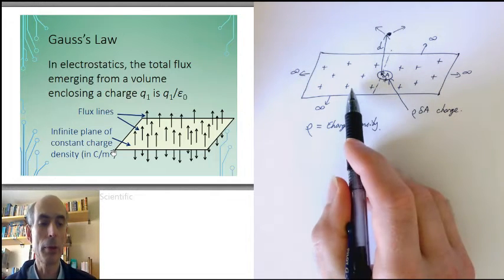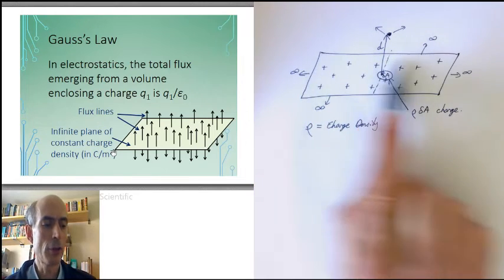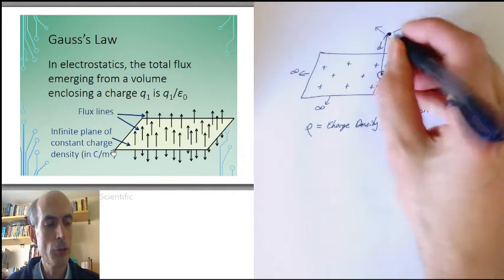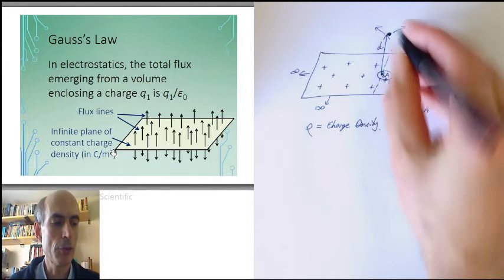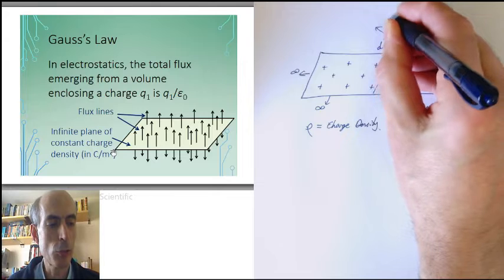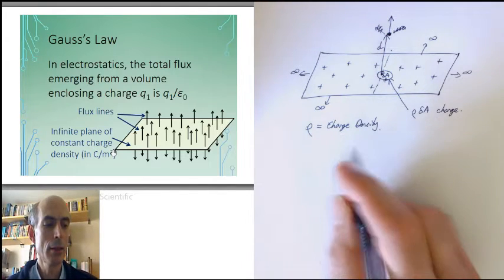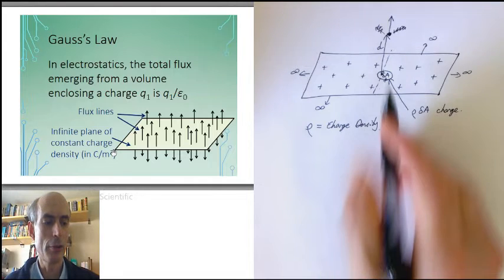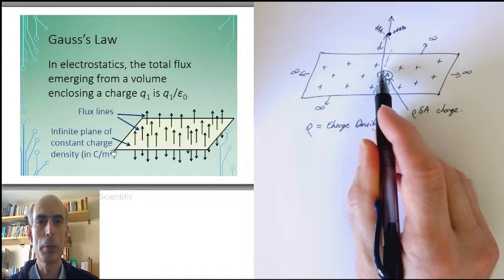Since it's an infinite plate, there will be exactly the same amount of charge on this side as there is on this side, with the net result that the horizontal components of these two forces will cancel out, leaving a single force going straight up. That tells us that the direction of the field strength at this point here is directly away from the plate.